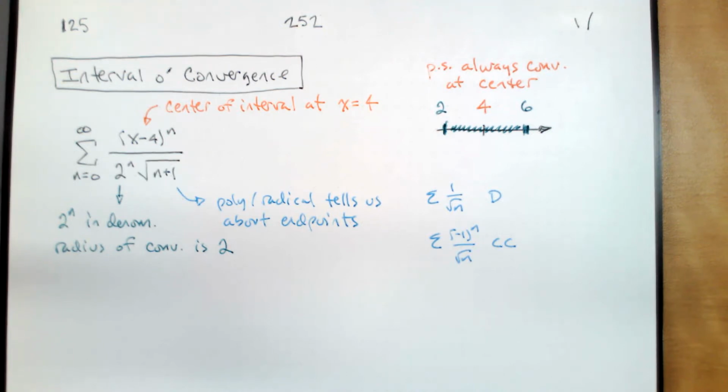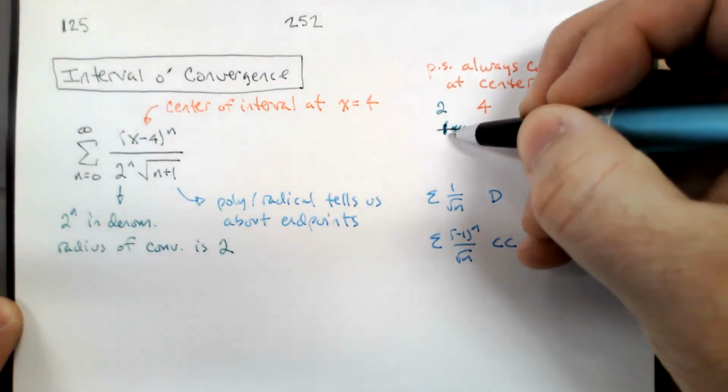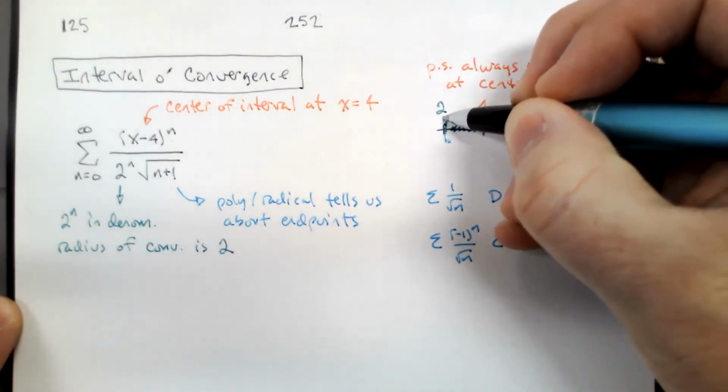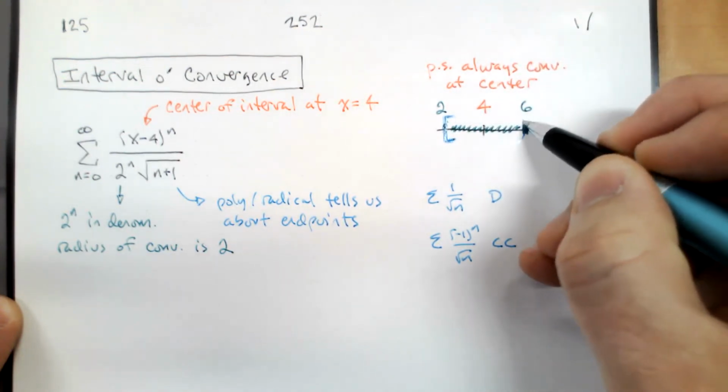In this case, the alternating is conditional convergence, which means that the alternating n is in that case, that's going to be the 2. That makes it negative 2. So the 2 is included, but the 6 is not.